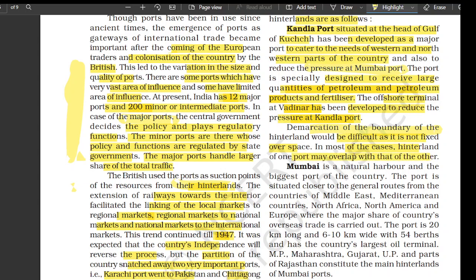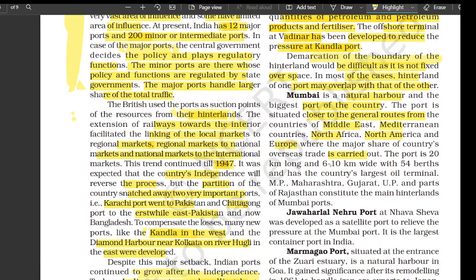Mumbai is a natural harbour and the biggest port of the country. The port is situated closer to the general routes from countries of the Middle East, Mediterranean countries, North Africa, North America, and Europe, where the major share of the country's overseas trade is carried out. The port is 20 kilometers long and 6 to 10 kilometers wide with 54 berths and has the country's largest oil terminal.